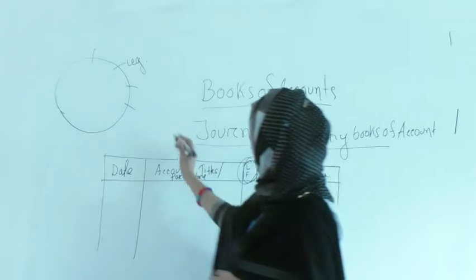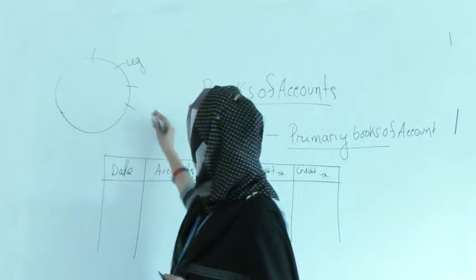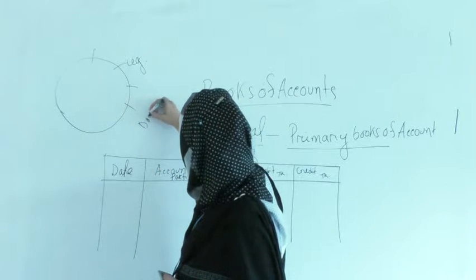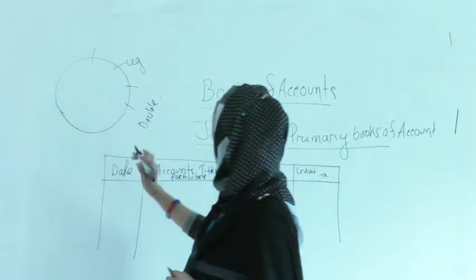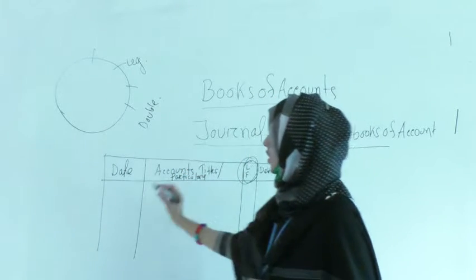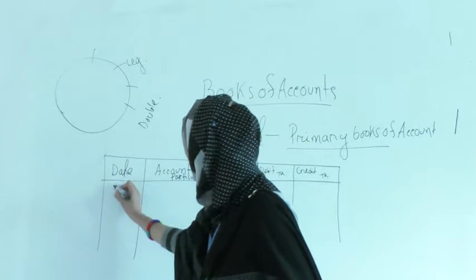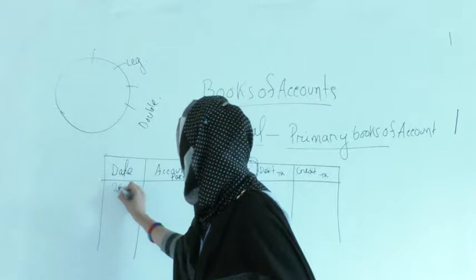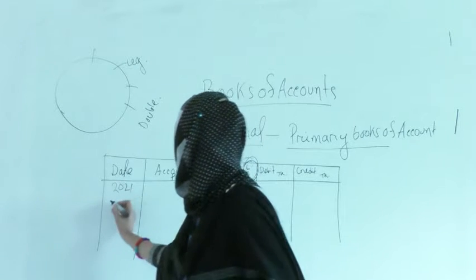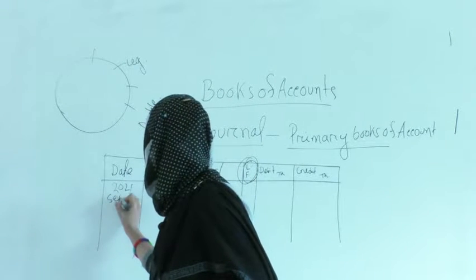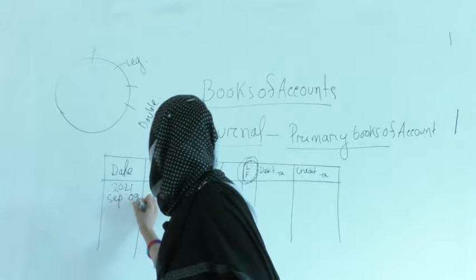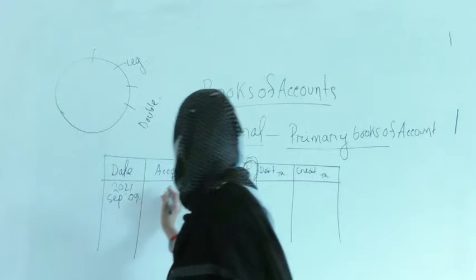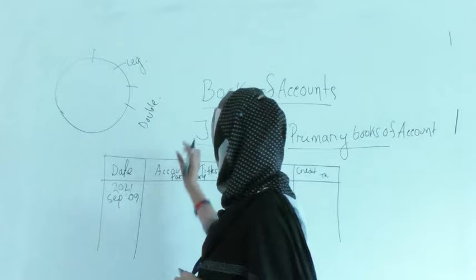When the learning outcome was discussed, you know the double entry system: when the transaction happened, at first we have to record it chronologically. Suppose this is 2021, you have to write September 09. Then what transaction happened?